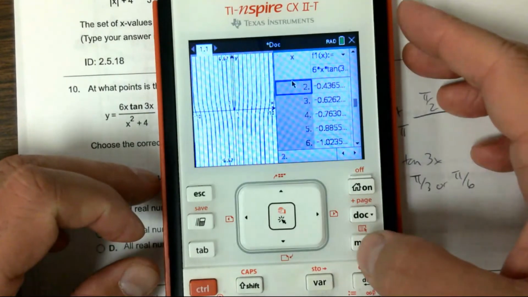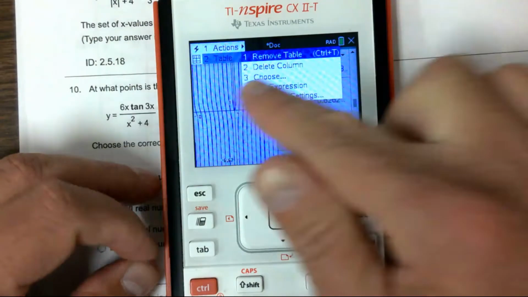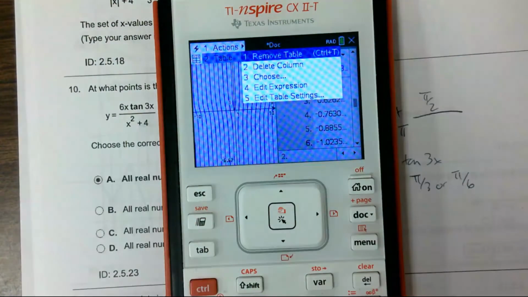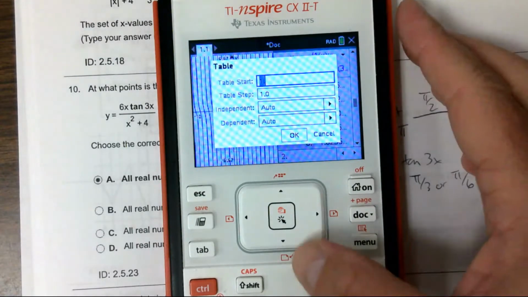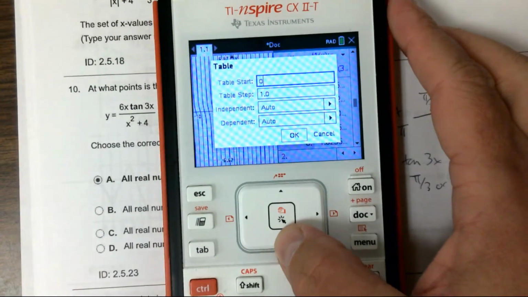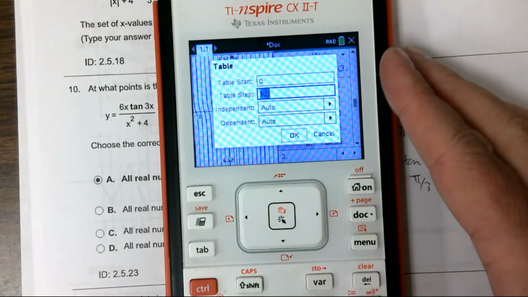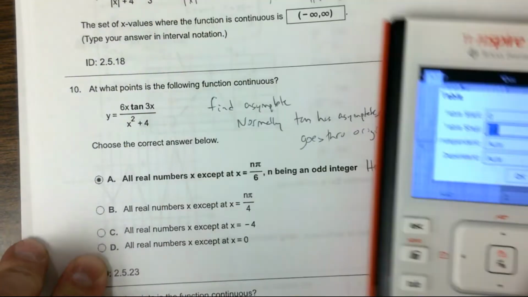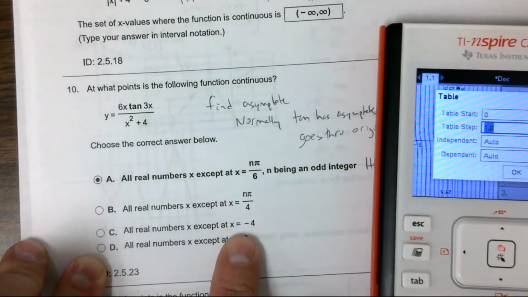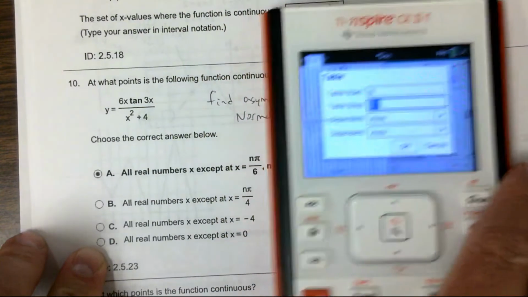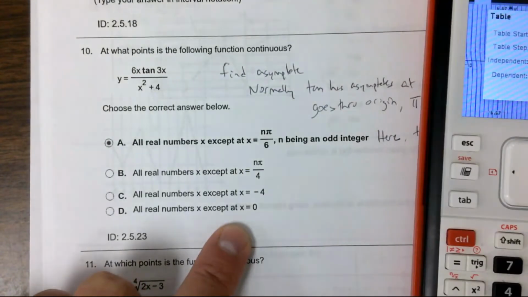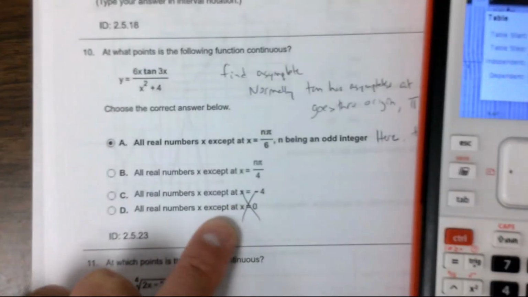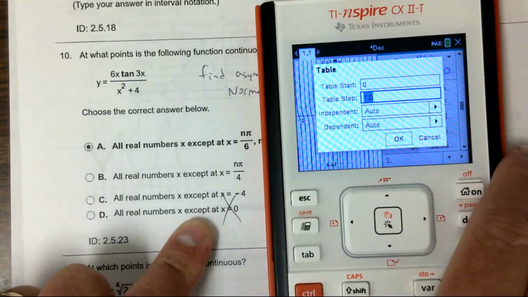So now if I go menu table, it gives me this menu. And I want to do edit table settings, start it at 0 and go by pi 6. Because it's multiple choice, I could check pi 6 or pi 4s. It won't be the -4 or 0. Because that doesn't even really make sense.